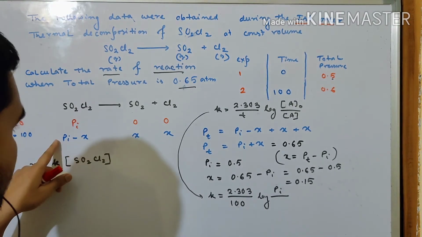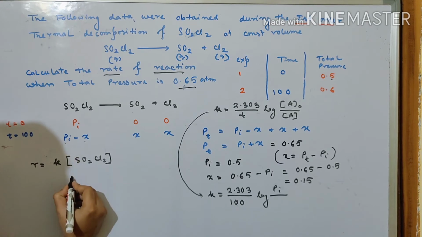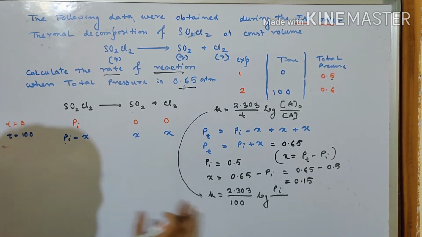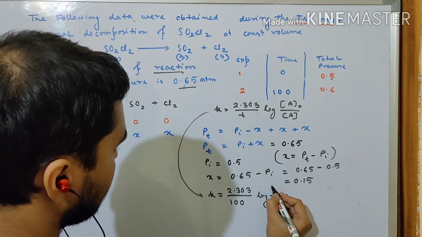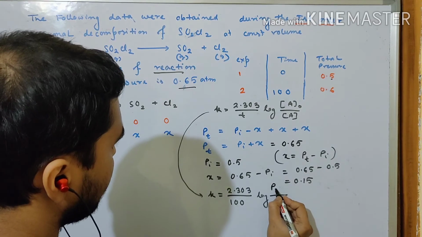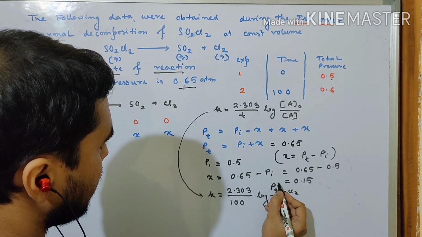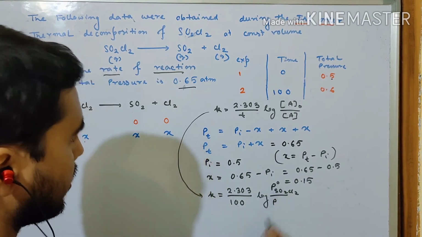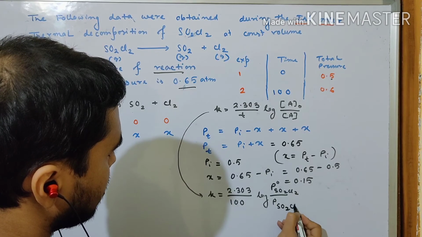So when we are writing Pi minus X, you see, if we are putting the value of this one, it should be written as the pressure of SO2Cl2 at T is equal to 0 and the pressure of SO2Cl2 at any time.